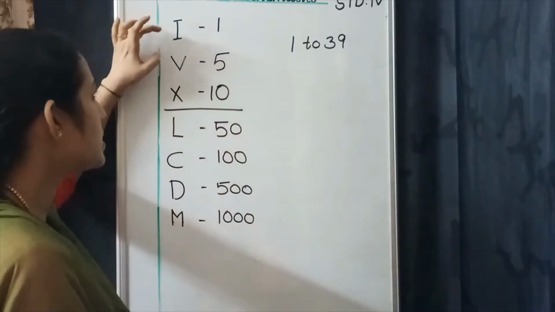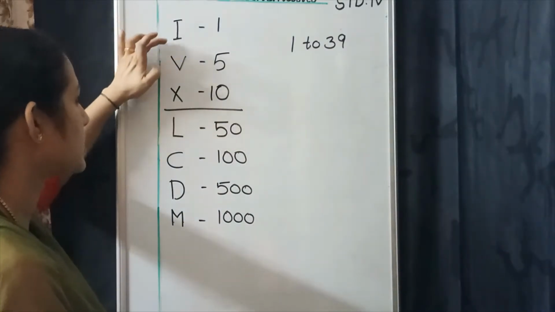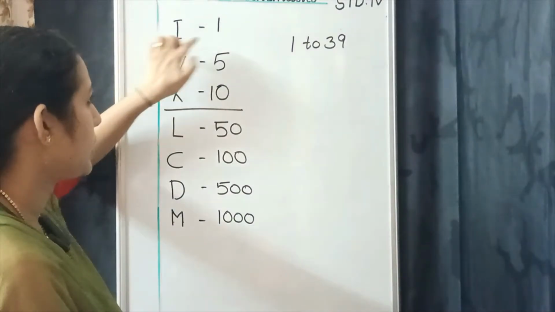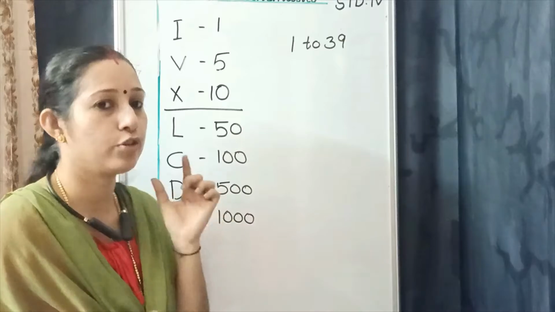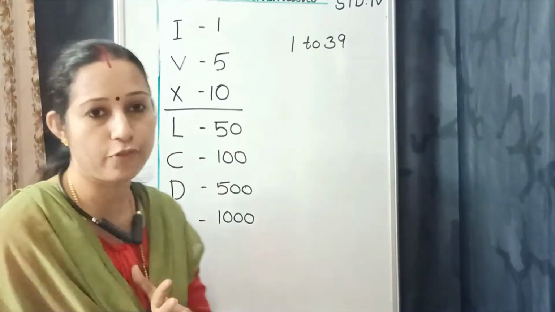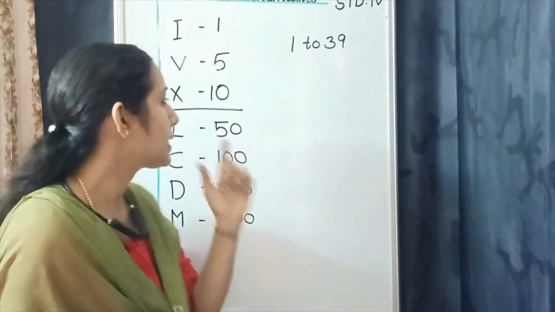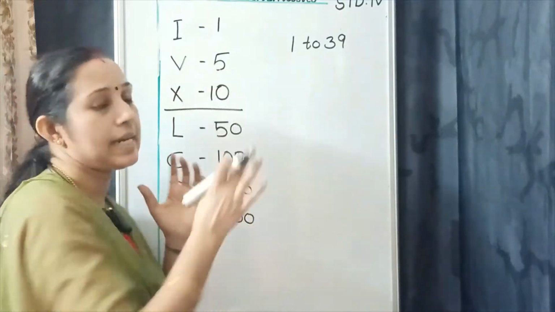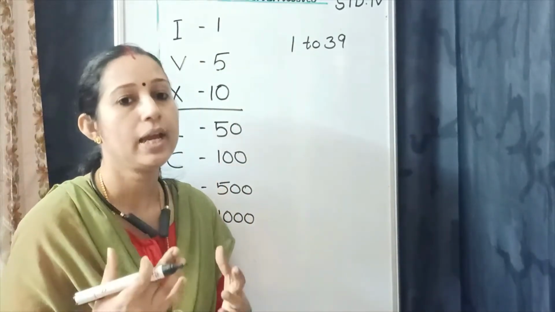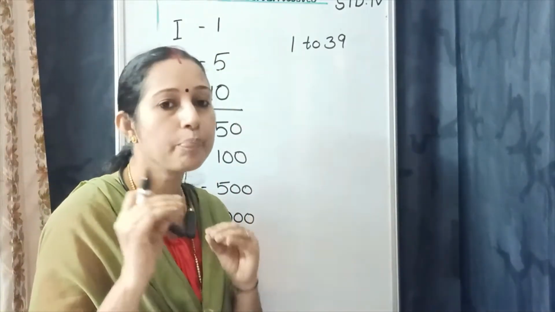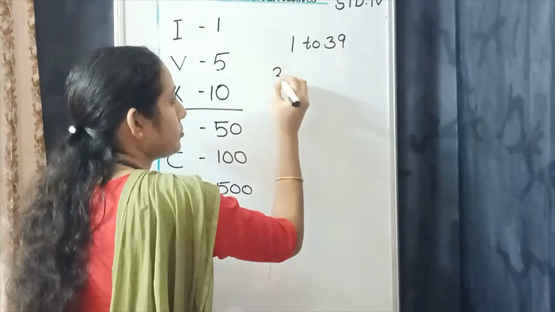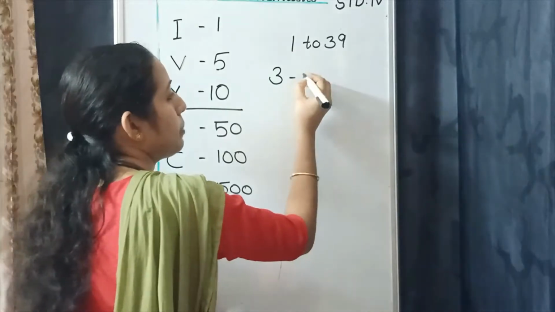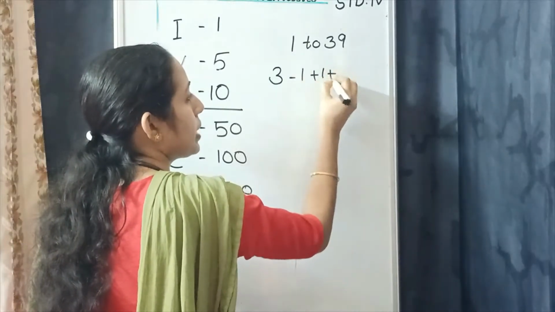Now we study these 3 symbols, that is I, V and X. I means 1, V means 5 and X means 10. Using these 3 symbols, we can easily write the other numbers also. For example, to write 3, 3 means 1 plus 1 plus 1.